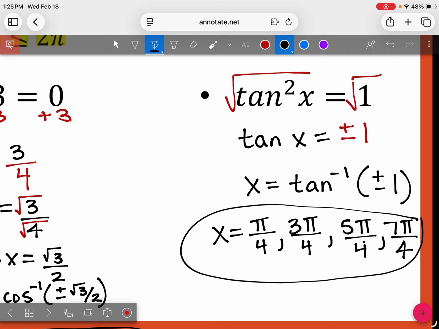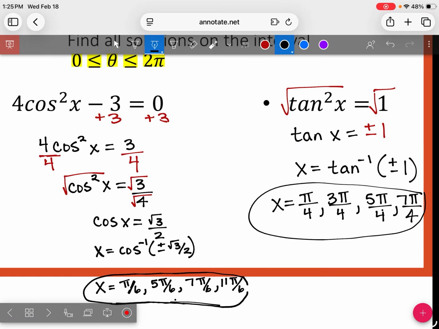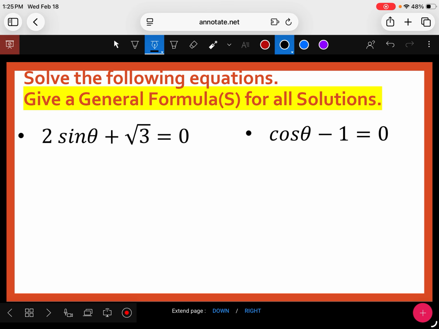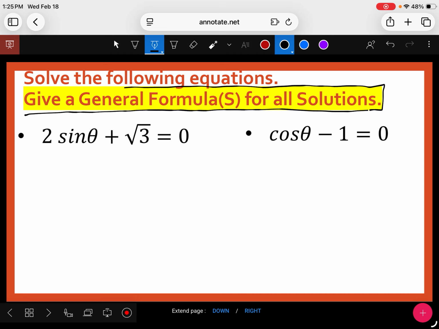All right, so last 2. Go ahead and zoom out. The main thing I want you to write is what you see highlighted in yellow. When I ask for a general formula, what does that mean? It's not that bad.